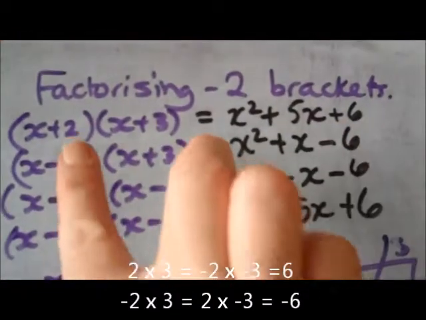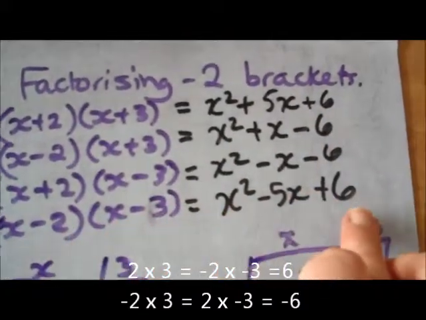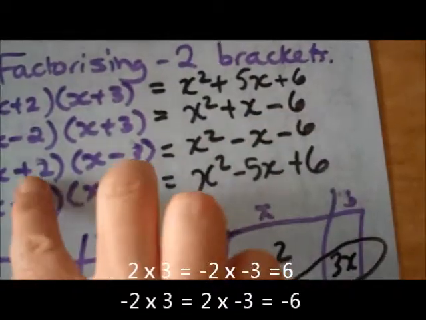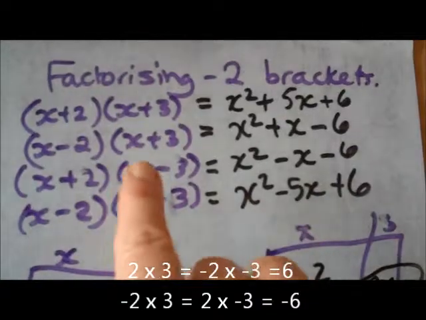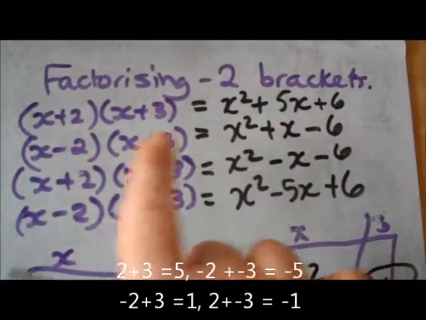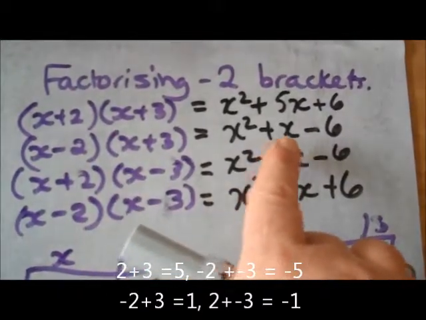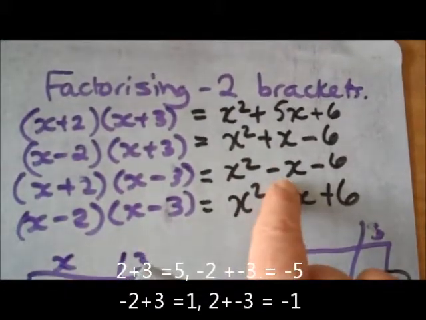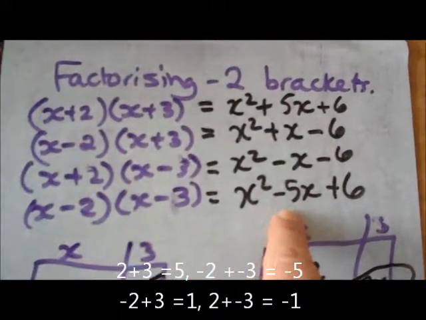We can see that the 2 and the 3 give me plus 6. Negative 2, negative 3 give me plus 6. Negative 2 plus 3 gives me minus 6, plus 2 minus 3 gives me negative 6. But what's actually happening is, here I've got 2x plus 3x gives me the 5x. Here I've got minus 2x plus 3x is x. Plus 2 minus 3 gives me minus 1. And minus 2 minus 3 gives me minus 5.